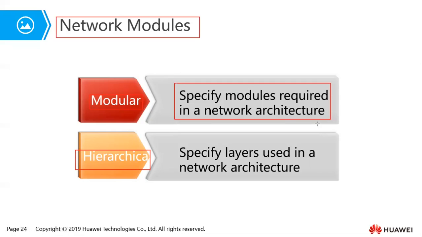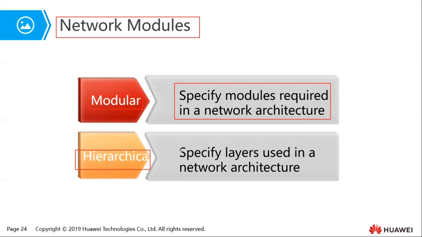These modules, for example, can be the LAN modules, the WAN module, the data center module, the wireless access module. So you see, we're looking at the wireless network as a module. We are looking at the local area wired network as a module. We are looking at the interconnection to the ISP and other campuses as a module. So that is what we're calling modules.